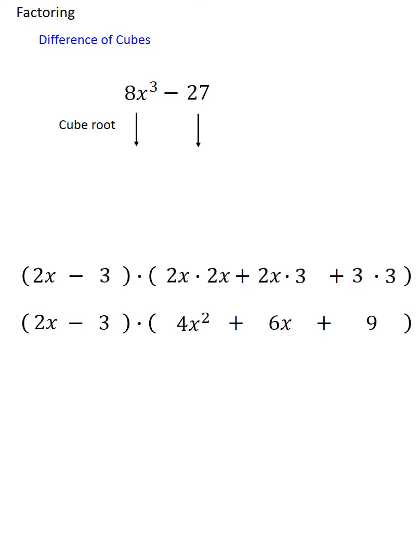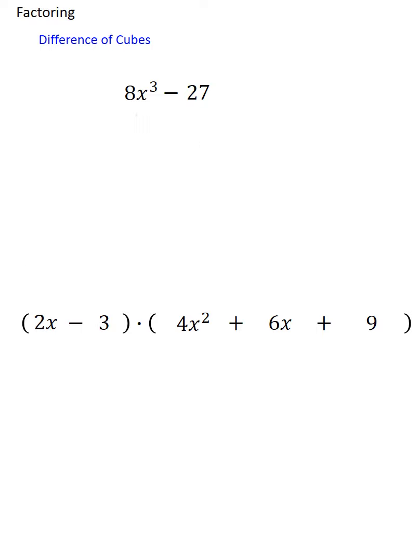And notice, I've done this entire problem. Here's the problem, here's the answer. I've done the whole thing without ever mentioning A or B. If that's the way that it fits into your mind best, then do it that way and avoid the difference of cubes formula.